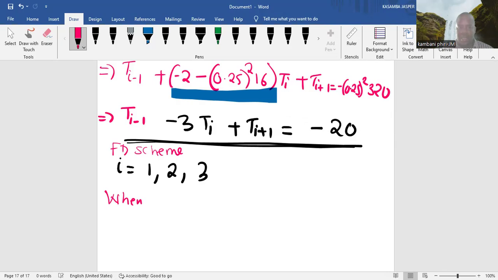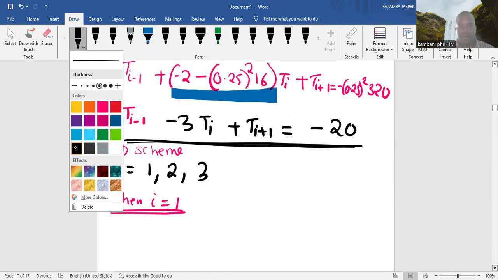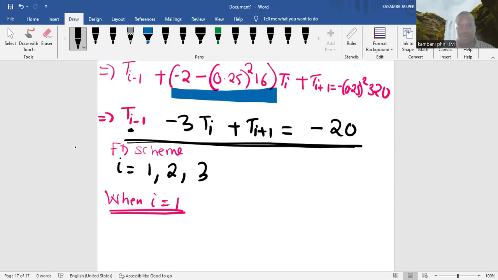So when i is equal to 1, what are we going to have? If you put 1 here, there'll be 1 minus 1, so we'll have T0 minus 3T1 plus T2, 1 plus 1, is equal to negative 20.